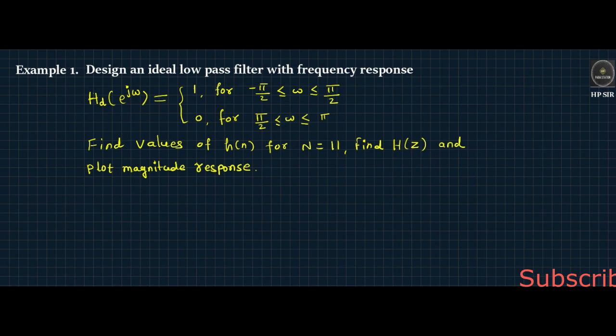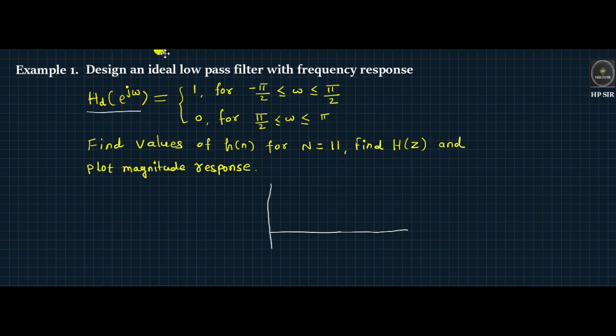The desired frequency response Hd of e raised to j omega is equal to 1 for minus pi by 2 to plus pi by 2. What does this mean? Let us plot Hd of e raised to j omega versus omega.